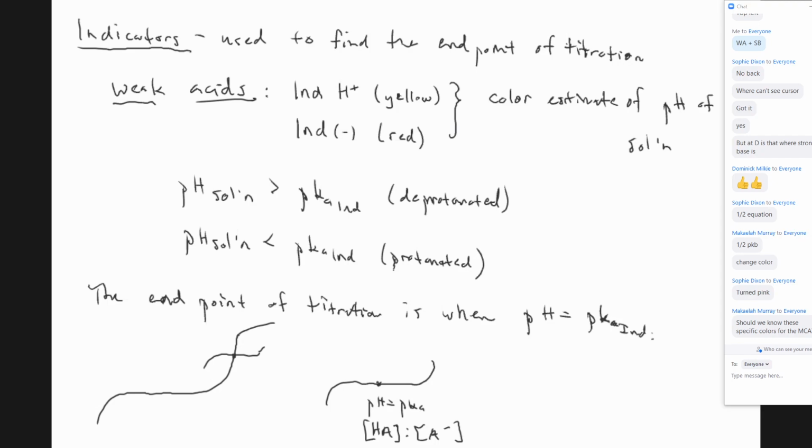The only time the log goes to 0 is when the ratio is 1:1. So that's at the half equivalence point of the indicator. Okay.